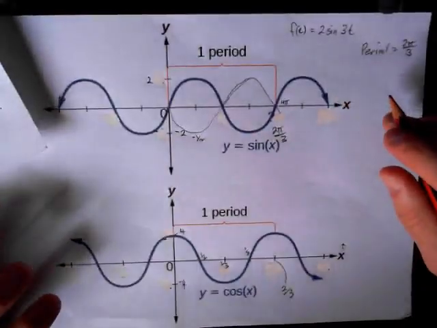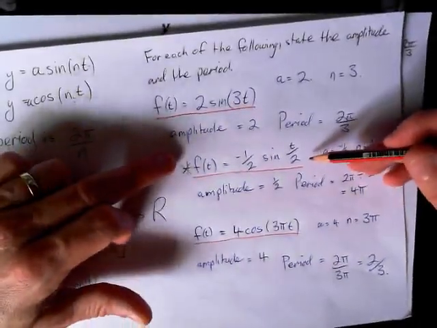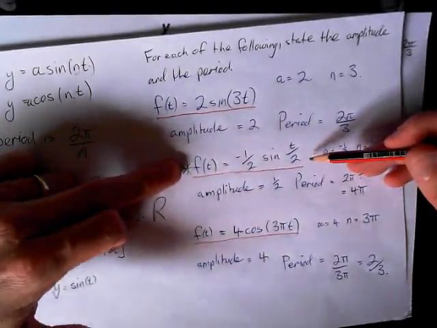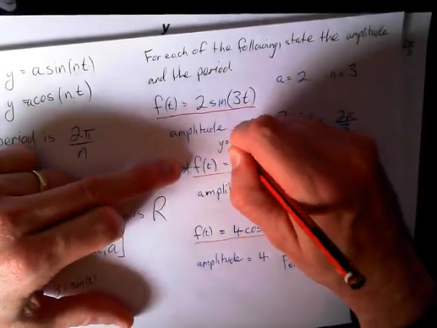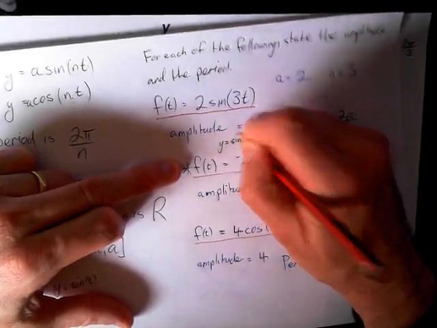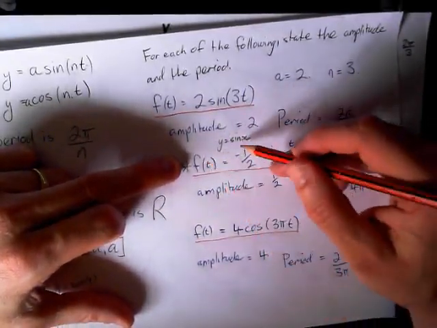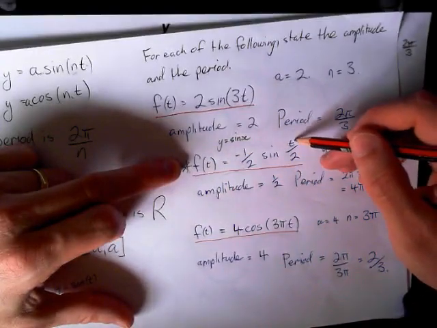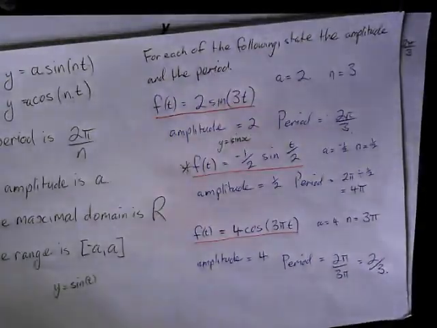That's a little bit messy, but what I suggest you do with a function like this is get your CAS out and graph y equals sine x, and then on the same set of axes graph y equals negative a half sine of x over 2, and just see the difference, see what it's doing.